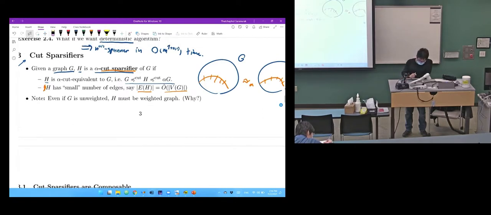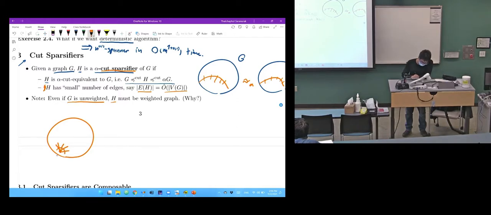Note that to make this possible at all, even if G is unweighted, H must be a weighted graph, right? Because suppose G is a complete graph, and just look at the degree cut.